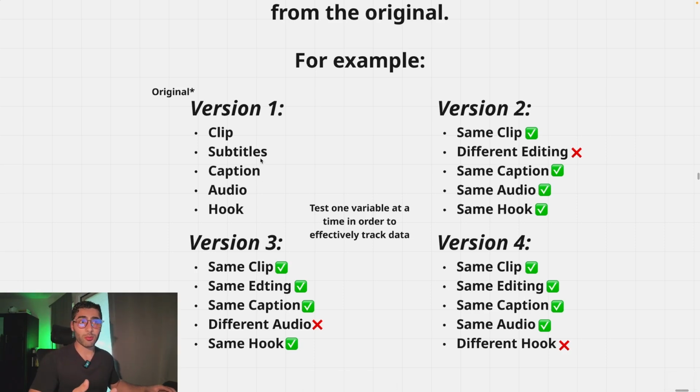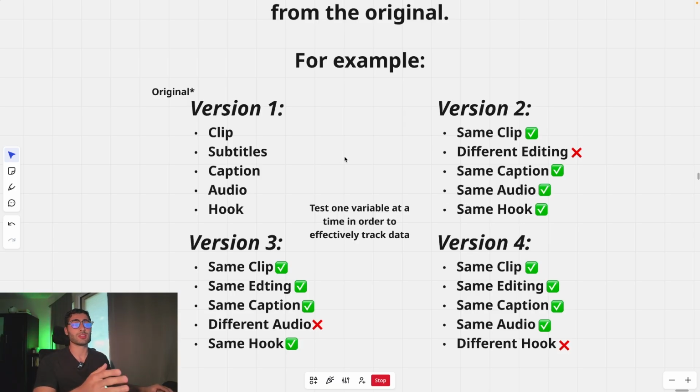But instead of just doing that, what you guys could do is, once you've already done the heavy lifting and have created the reel, download that reel, but then go back into it and change a couple different elements, all right? Or change one variable at a time in order to effectively track the data the best, all right? So for example, in the next version of the reel, you could keep the clip the same, the caption the same, the audio the same, and the hook the same, but maybe edit it a little differently, right?